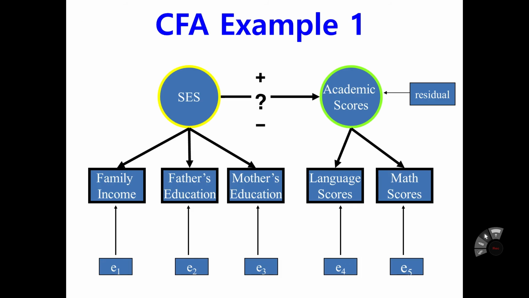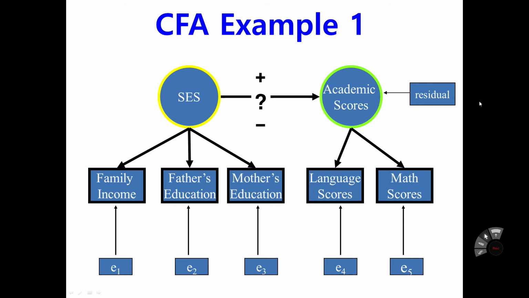In this example, we are now using 5 observed indicators, including family income, father's education and mother's education, language scores, and math scores. Out of those 5 variables, we have extracted 2 latent variables, socioeconomic status and academic scores. Of course, those 2 factors are not observed, so they are latent variables.